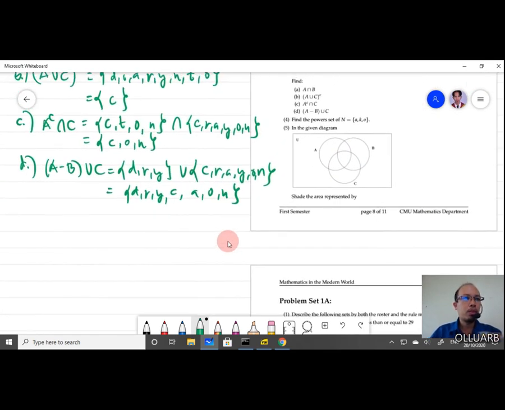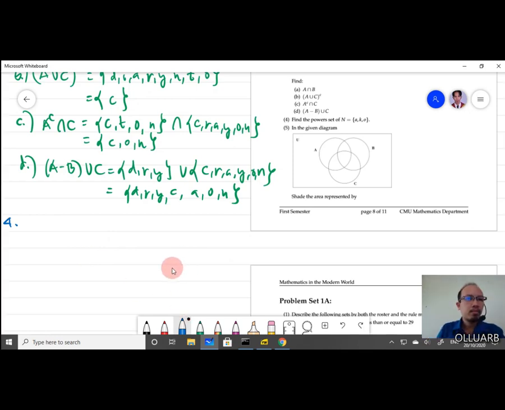Okay, for number 4, I did not discuss this in our previous video. So what do we mean by the power set? Okay, this is the definition of the power set.